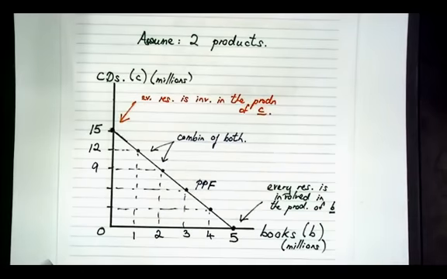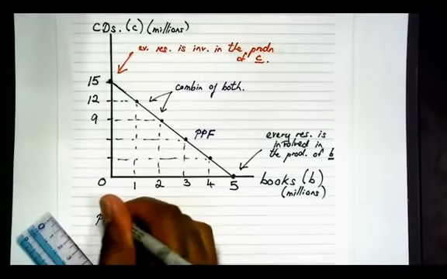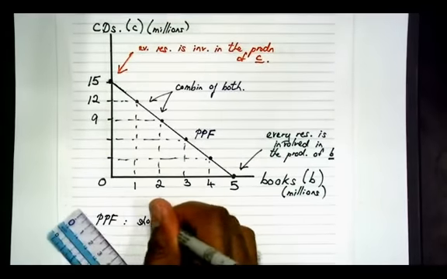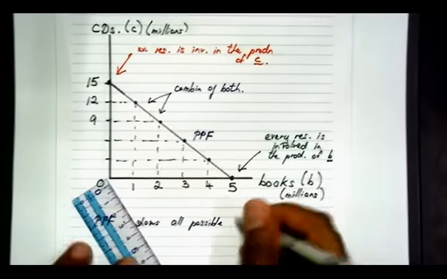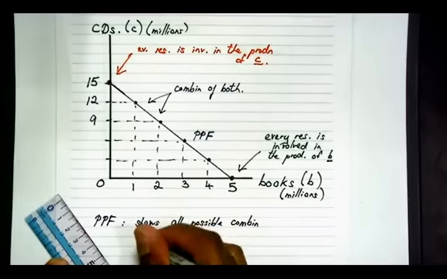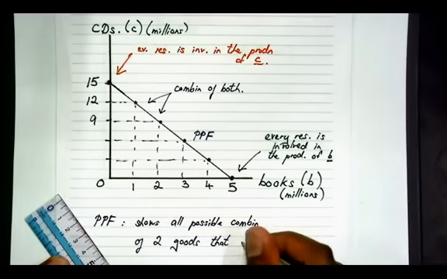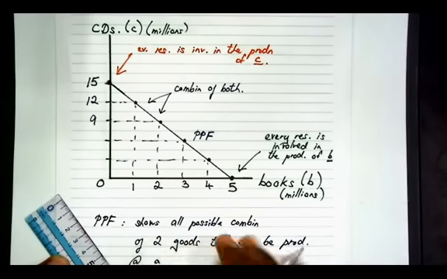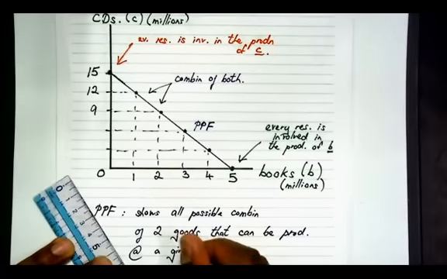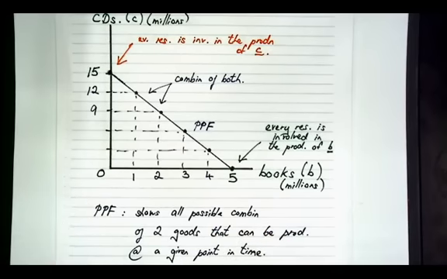It shows what we can produce with our resources, all possible combinations of 2 goods that can be produced at a given point in time. Is that okay?